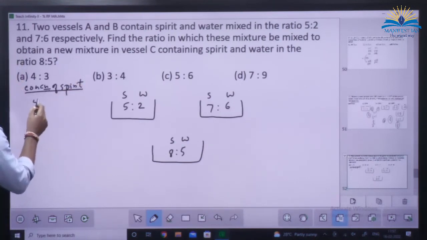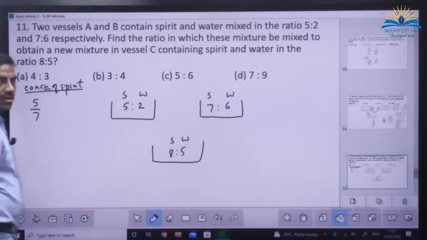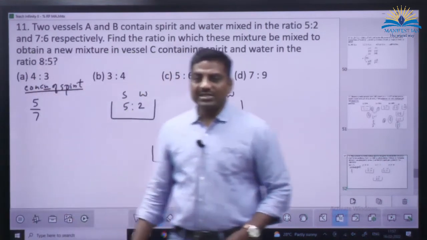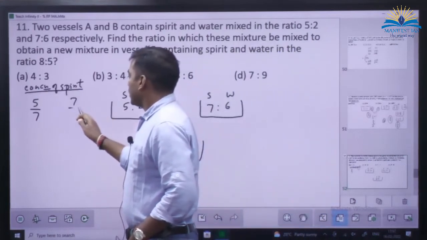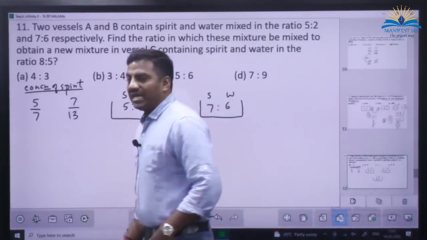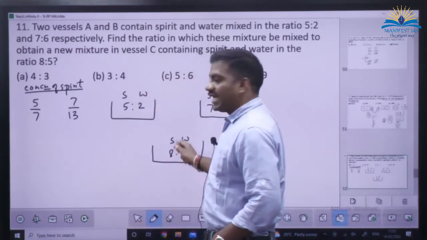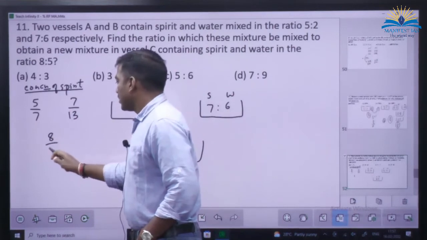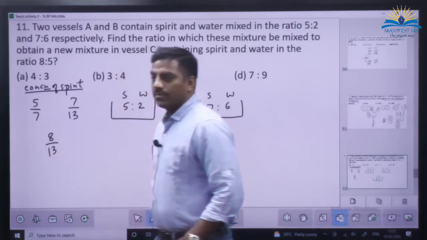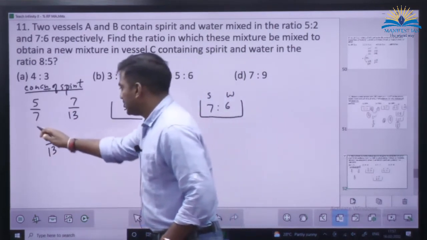First vessel is 5/7, second vessel is 7/13. Final mixture, again spirit, is 8/13. Find the difference.